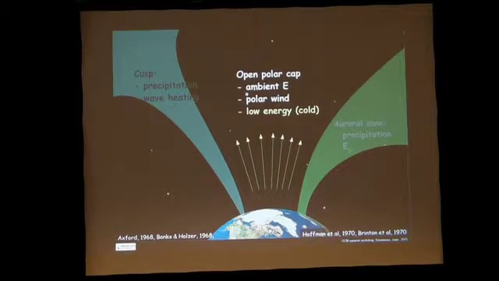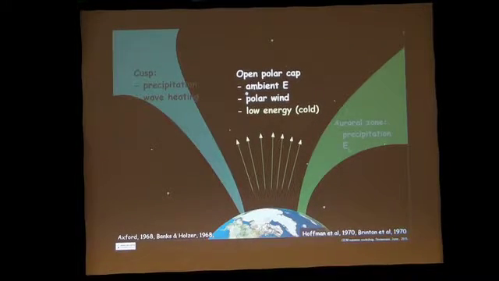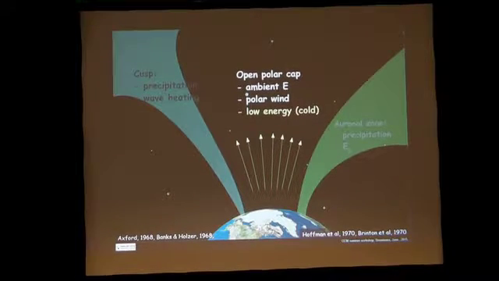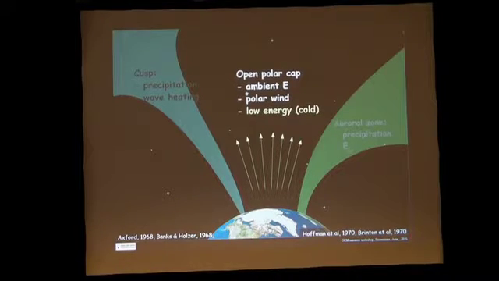In the middle, we have the open polar cap. So in the polar cap you have open field lines, so there is no hydrostatic equilibrium. So in a sense, the electrons, very low energy electrons, can sort of escape simply by thermal effects.